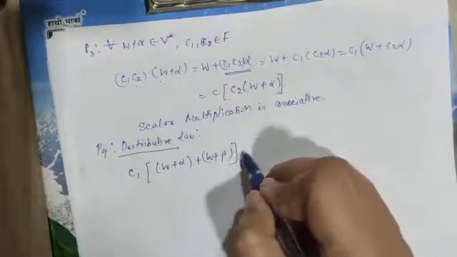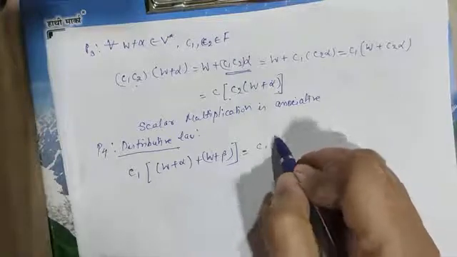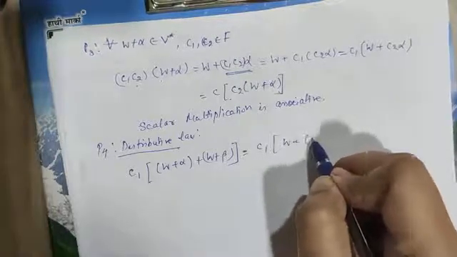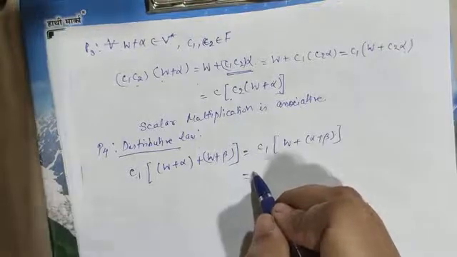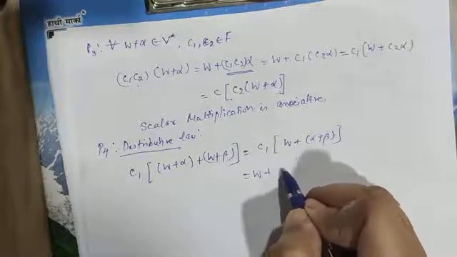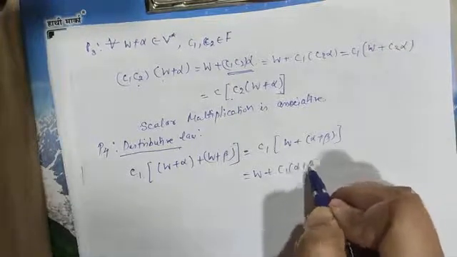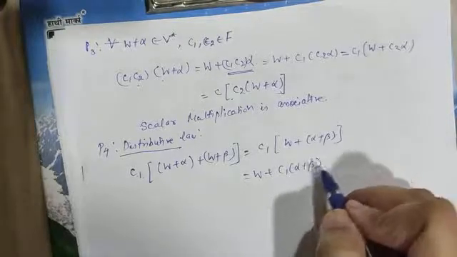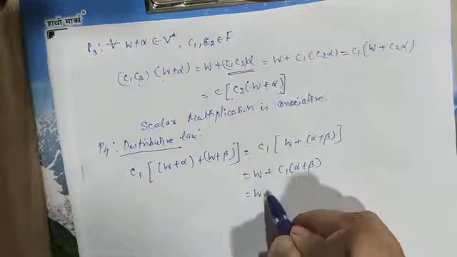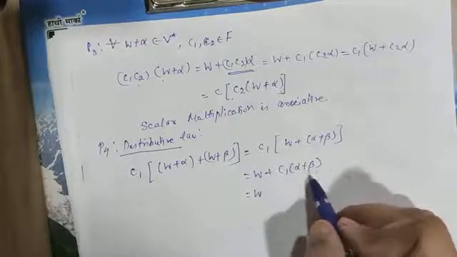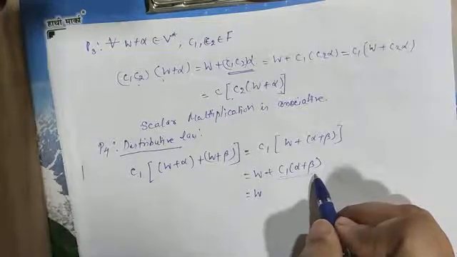We can write this as C1 W plus alpha plus beta. Again using the property of scalar multiplication, this is W plus C1 alpha plus beta, and we can apply distributive law here.